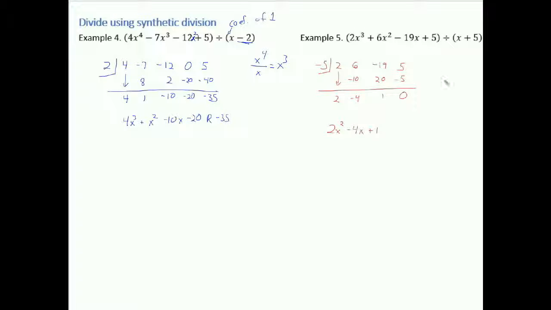Just like 7 into 21, and this has nothing to do with this problem, but 7 into 21 was 3, 21, 0. So we have a remainder of 0, so we know that 7 is a factor of 21. Well, since x plus 5 went into 2x cubed plus 6x squared minus 19x plus 5 with a remainder of 0, x plus 5 is a factor of this polynomial.